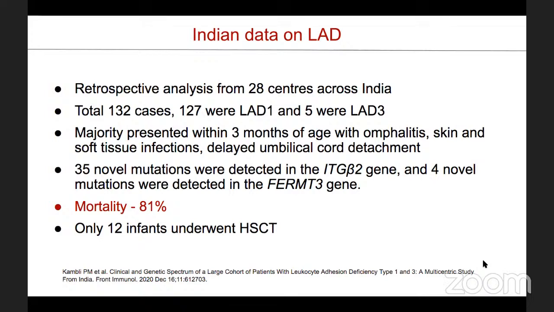So LAD is a diagnosis which neonatologists will make. Mutations in the integrin beta 2 gene and the FUCT1 gene, 35 have been described till now.